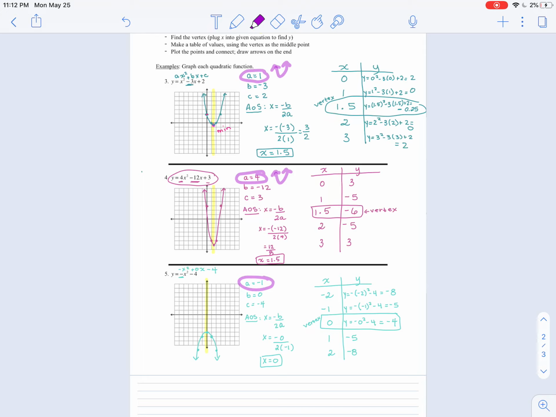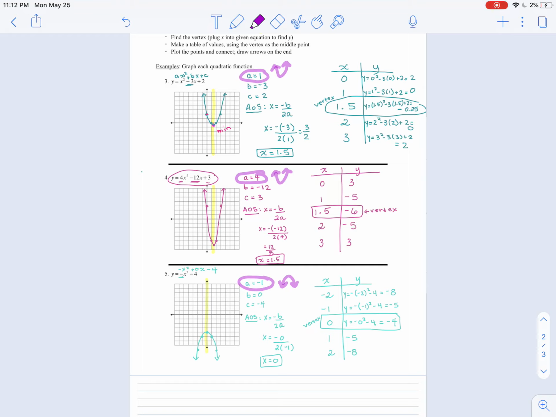They make smiley faces, or we also say the graph opens up. If the leading coefficient, A, is negative, negative is down or a frowning face, my graph is going to open down. So before I begin, I can tell what the final graph should look like.